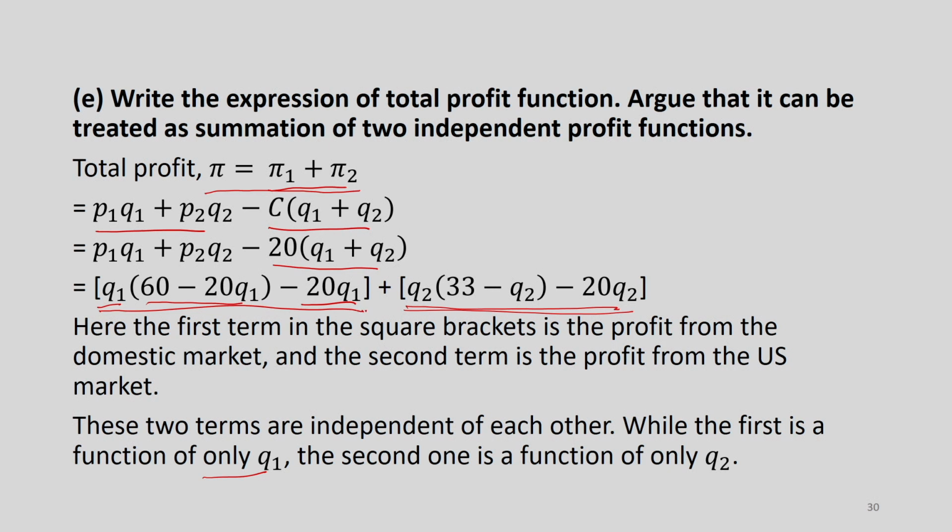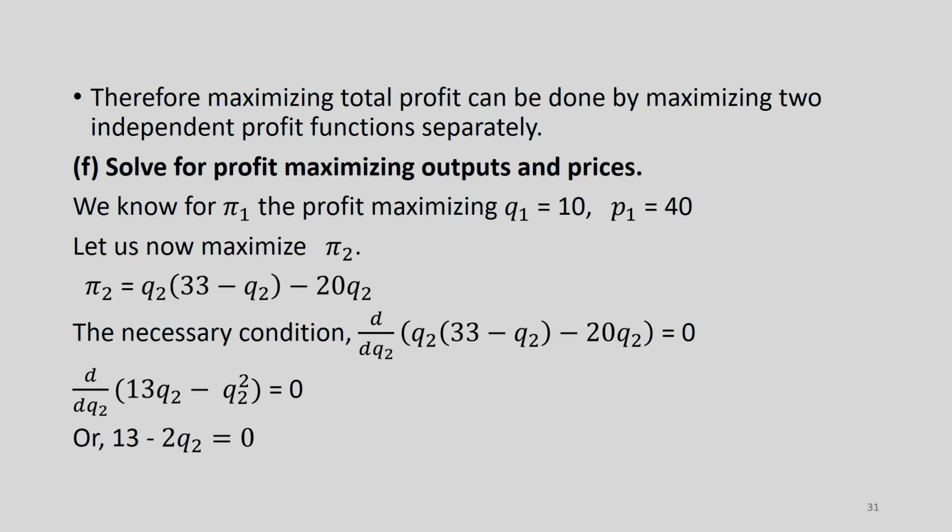Decomposable in the sense that you can decompose the function in terms of profit from the first market and profit from the second market. There are no composite terms, there is no term involving, let us suppose, Q1 and Q2 together, right.